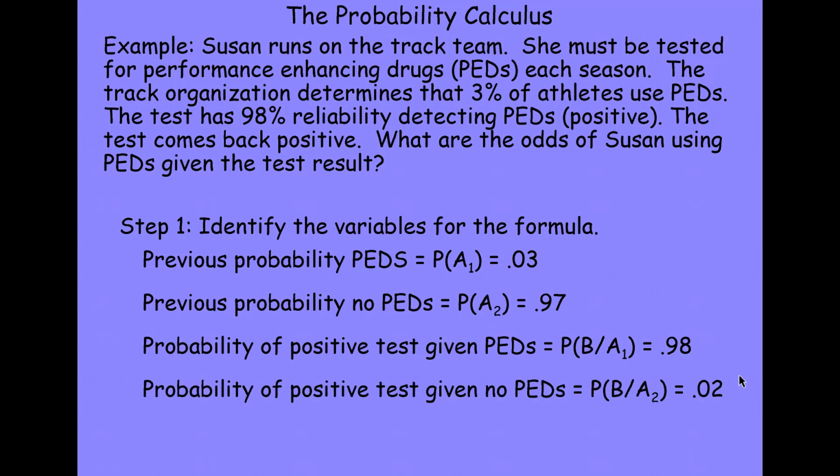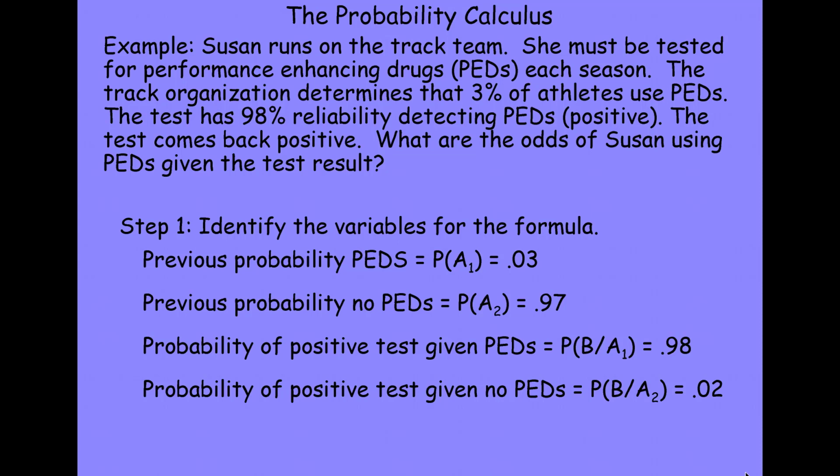Well, that would be the 0.02, the remaining amount below 1. That would be the probability that you get a positive test when you're not using a performance-enhancing drug. So 2 times out of 100, you get a false positive. 98 times out of 100, that positive is correct.